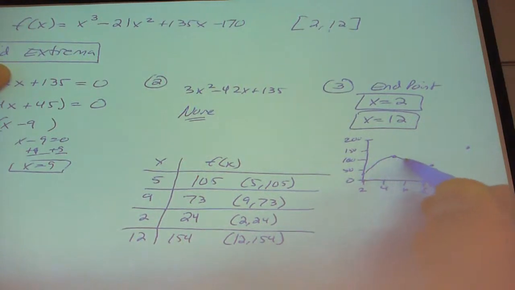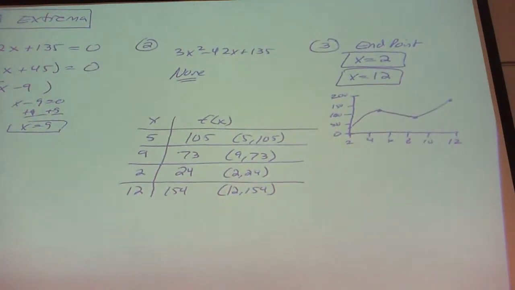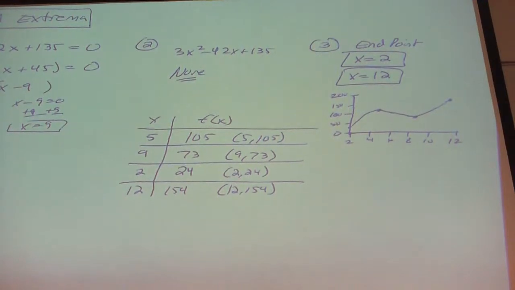Now that I have a picture, I'm going to ask you to label each one. I want you to label it as local max, local min, absolute max, absolute min, or neither. Now that you have a picture, label each point.